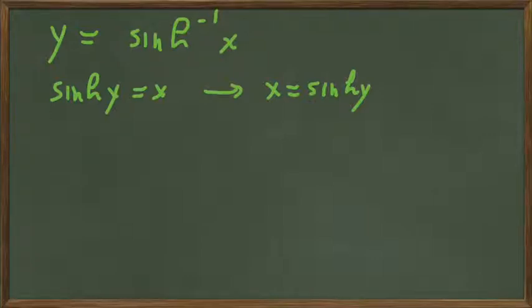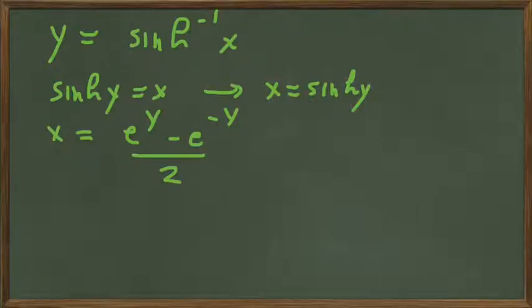We're going to then write that as what the hyperbolic sine is: e to the y minus e to the minus y over 2. We're not going to do dy/dx in terms of 1 over dx/dy. We're going to solve this directly for y.